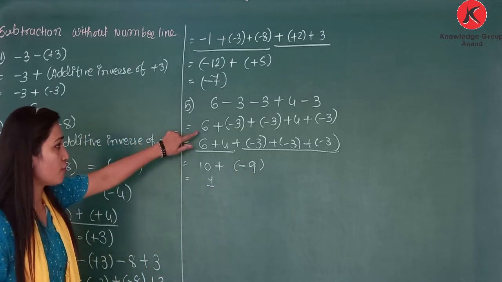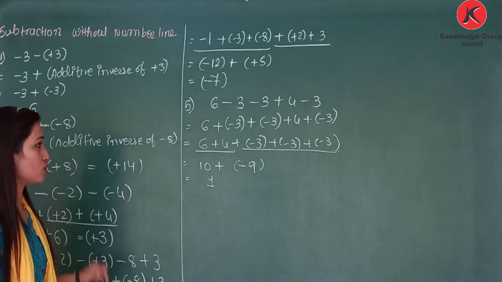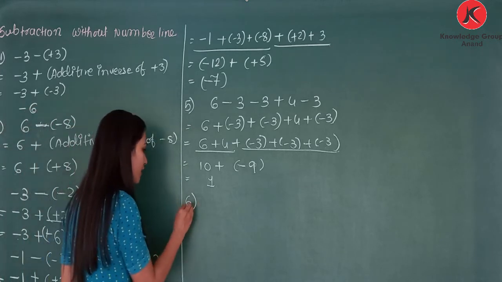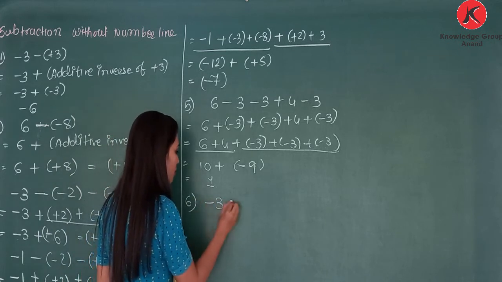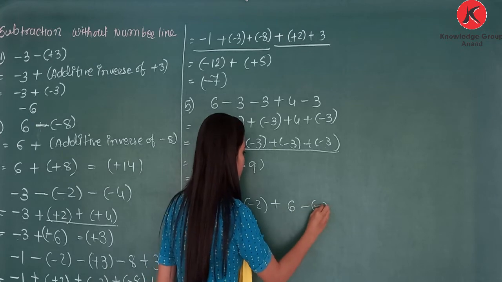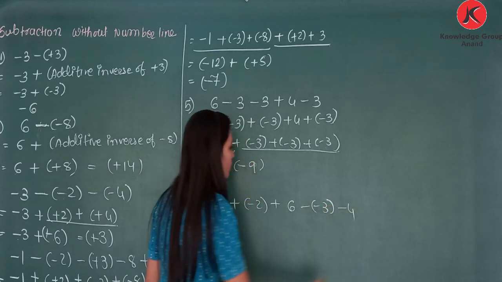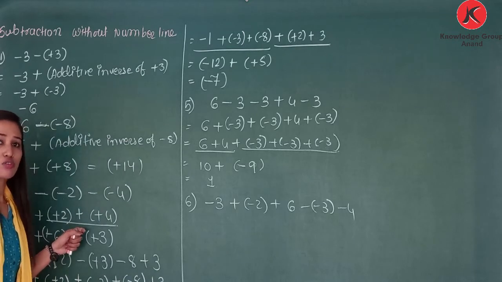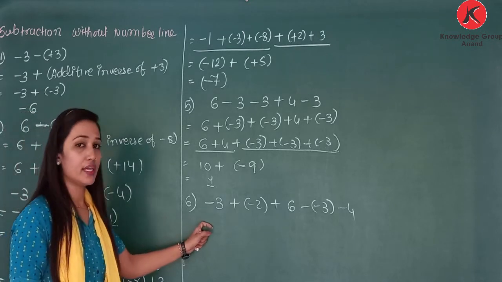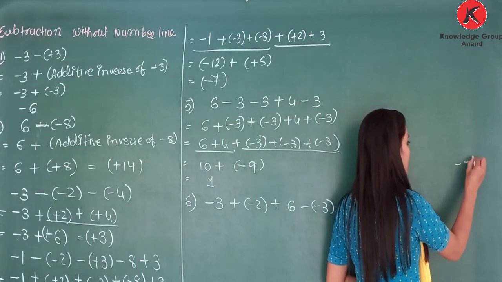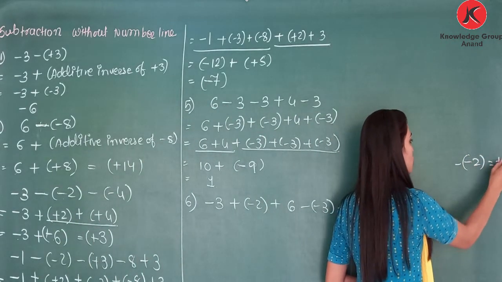Now instead of writing this, you can directly also write without converting into additive inverse. Let's take some example like using that. -3 plus -2. Now if you write this additive inverse, then it is also correct, or you can directly change this sign, in which you need to remember that whenever there are 2 signs before number, change the sign.